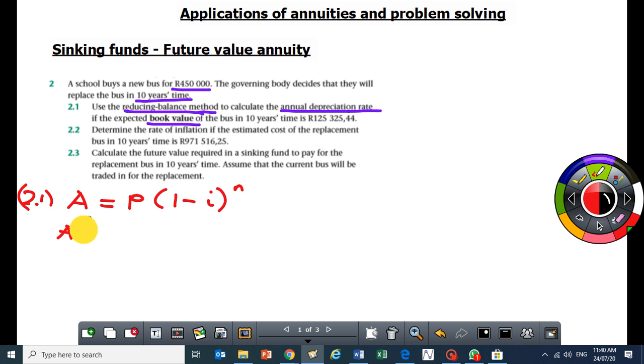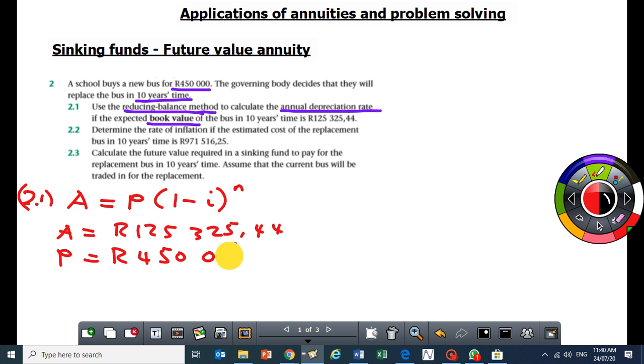So our A is going to be the book value, which is 125,325 and 44 cents. Our P is the value of the bus now when it is brand new, before depreciation. So that's 450,000 rand. Then our n is 10 years. Okay, so we need to calculate the depreciation rate.